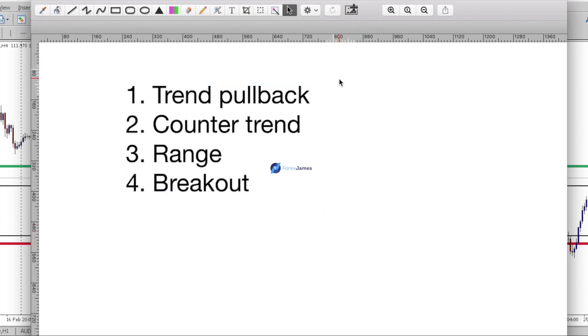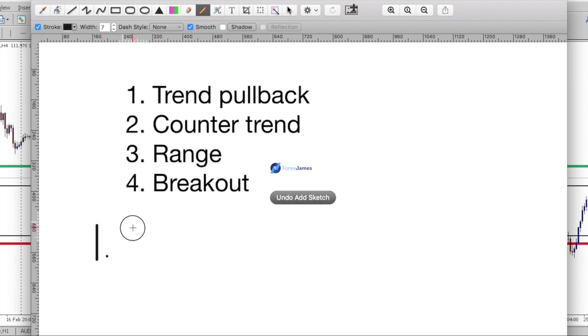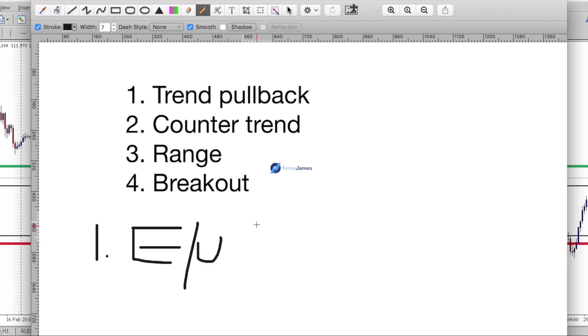Now with this information, I have a tip for you guys to further improve your trading by creating your own journal of trades. Okay, so next to your entry, let's say you're long the EU, write down the type of trade that you're taking.